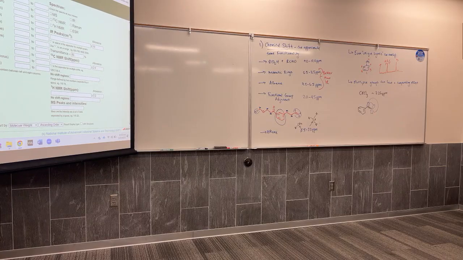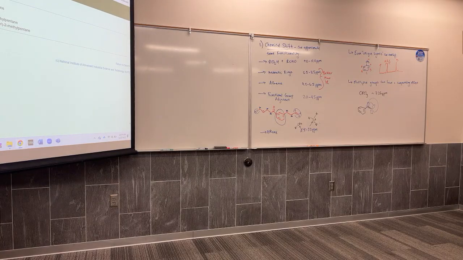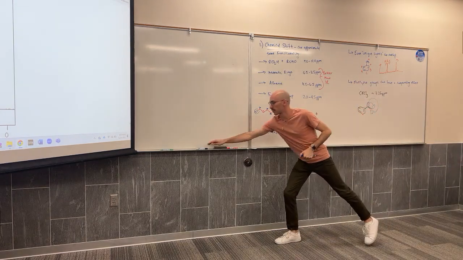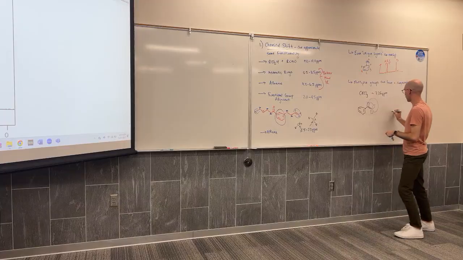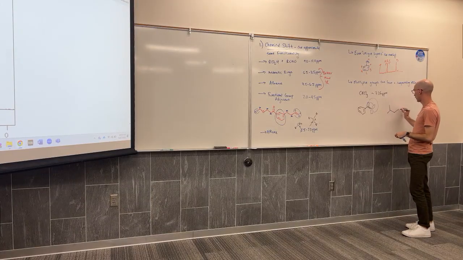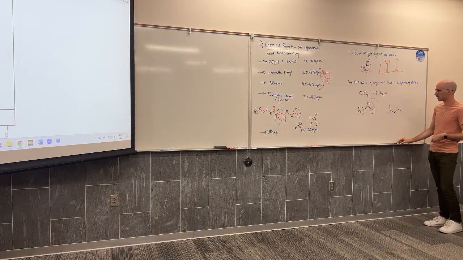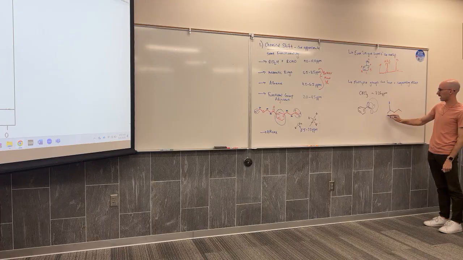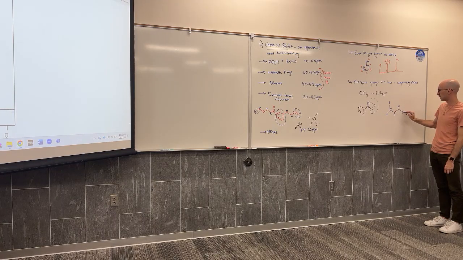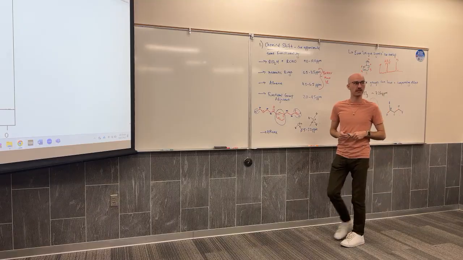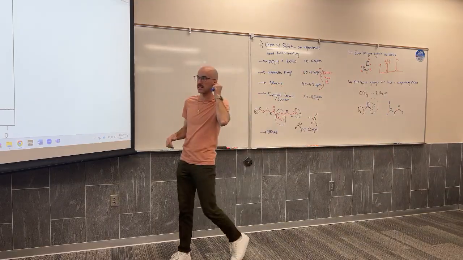So let's look at 2-methylpentane and let's look at its NMR. I think we looked at 2-methylpentane yesterday, and we said that 2-methylpentane has 5 distinct hydrogen environments: A, B, C, D, E. So I should expect 5 distinct signals.